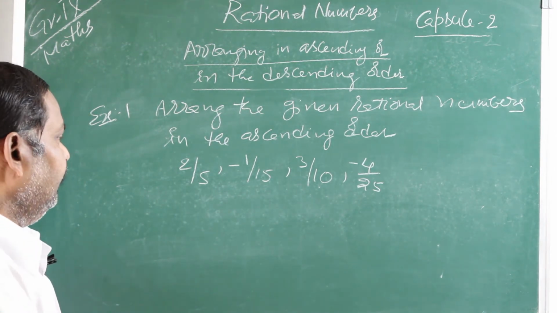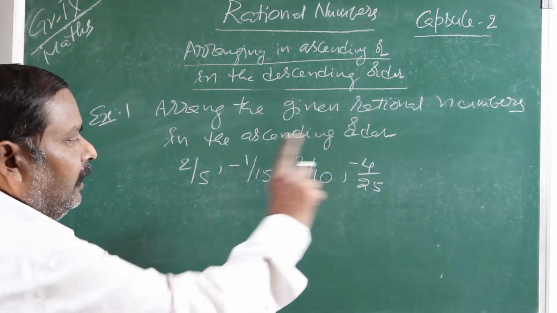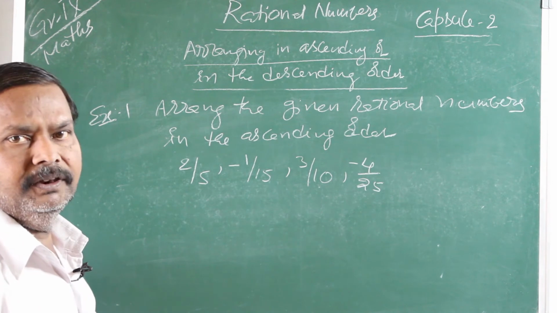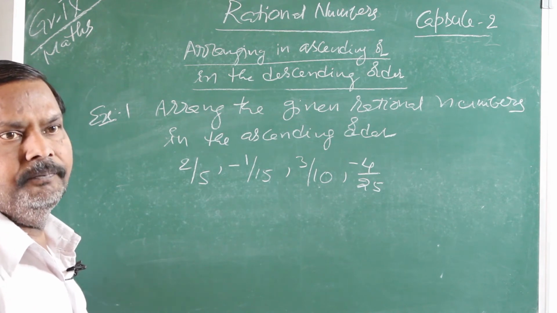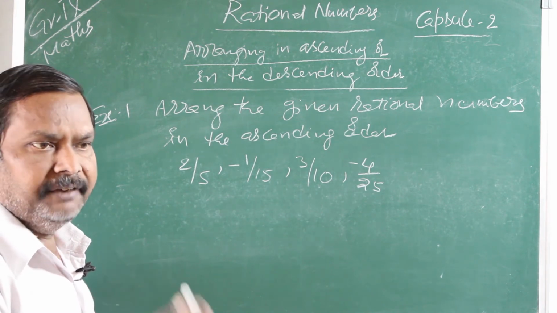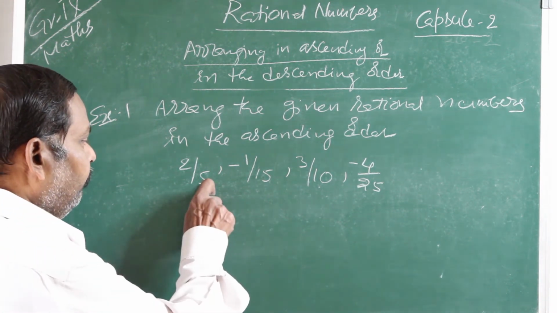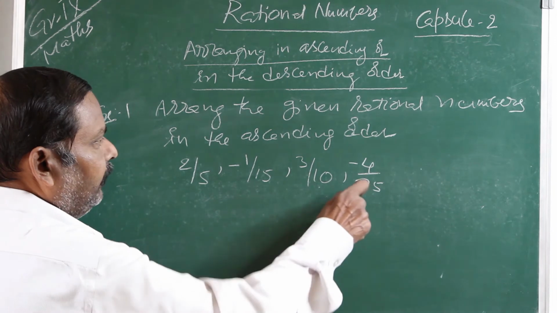It is clear that the denominators are all different. So first of all, you have to convert them into the form of like rational numbers.